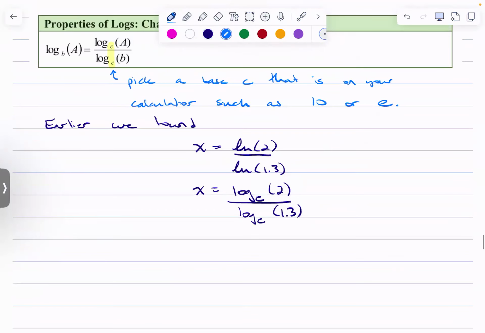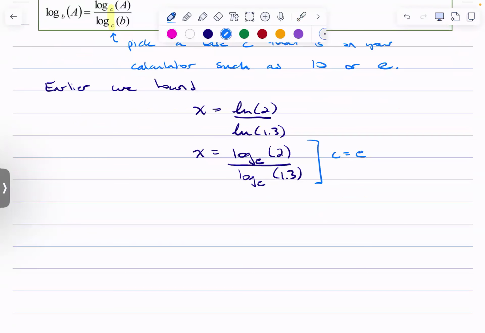So here, c is e in this case. A is 2 and B is 1.3. So by the change of base formula, this is going to be equivalent to the log base 1.3 of 2.